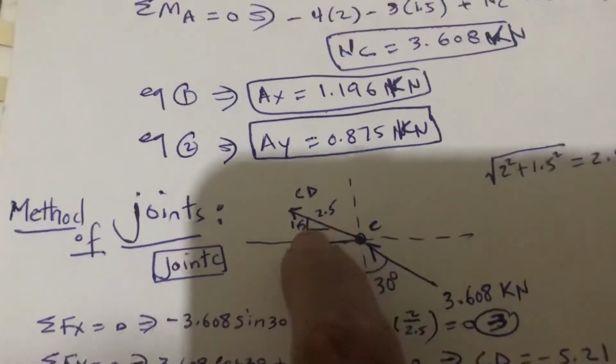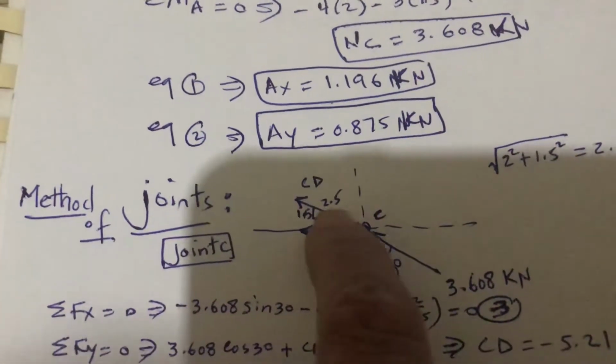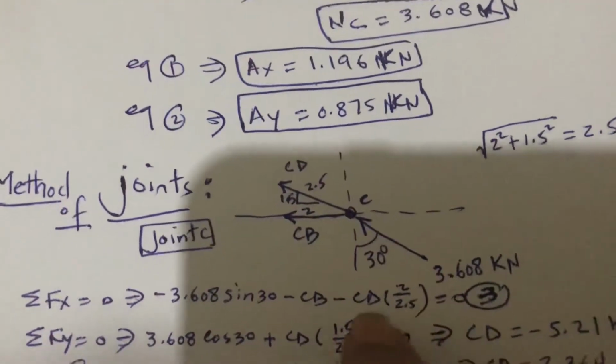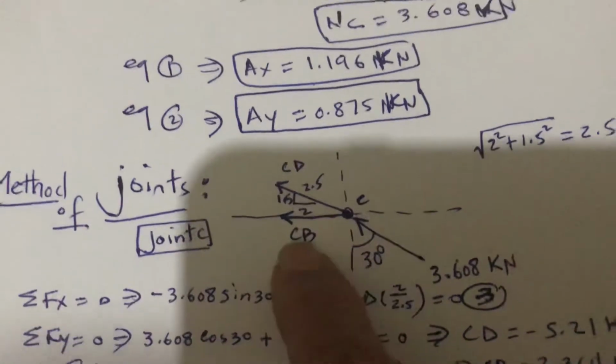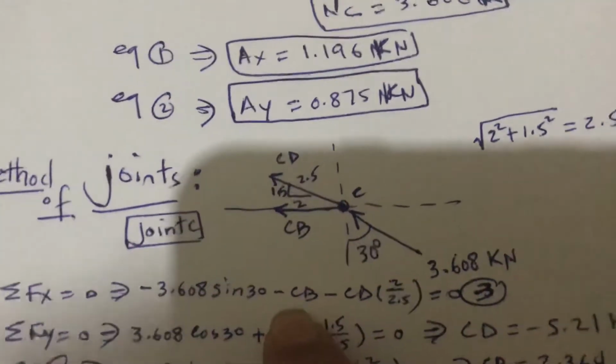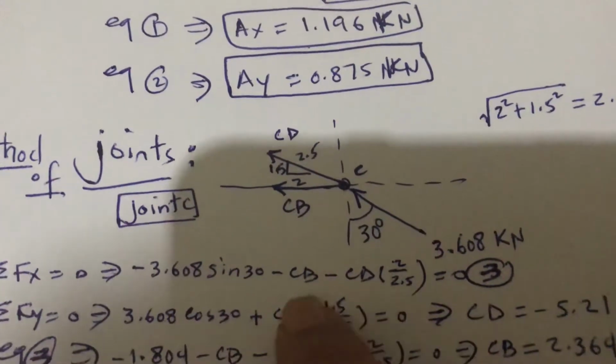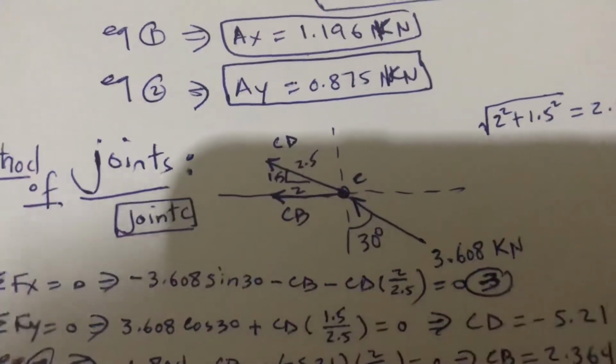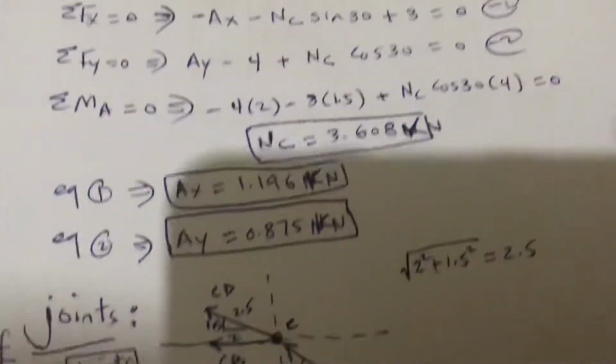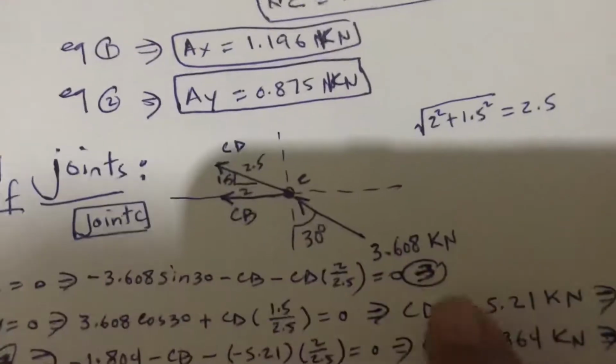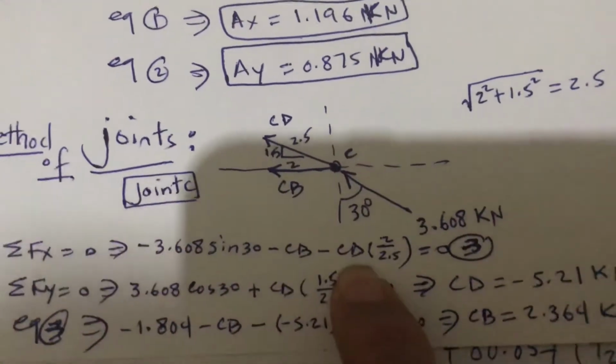And of course you have CD. Remember in the X it is 2 over 2.5, and CD is in the negative. And plus CB. So here we have 2 unknowns, CB and CD, equal to 0. We could call this equation number 3, since we have equations number 1 and 2. We have 2 unknowns and 1 equation.